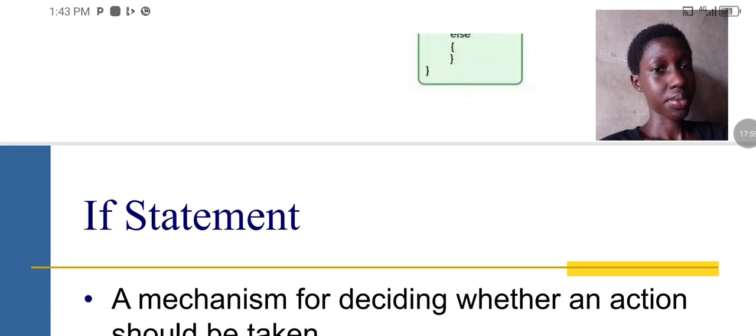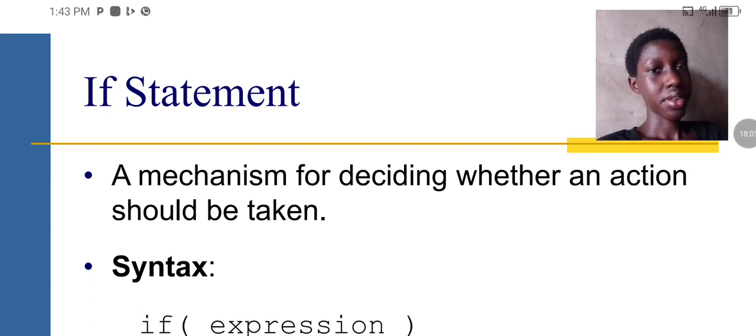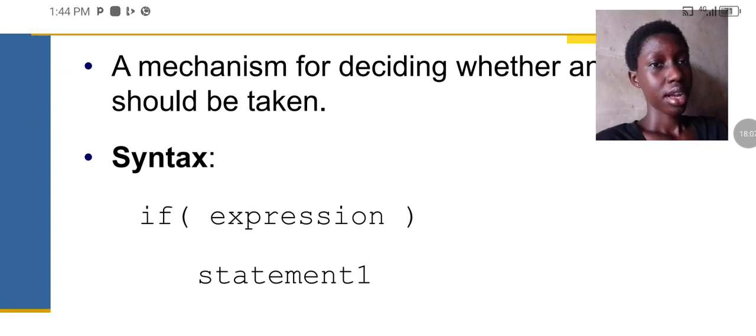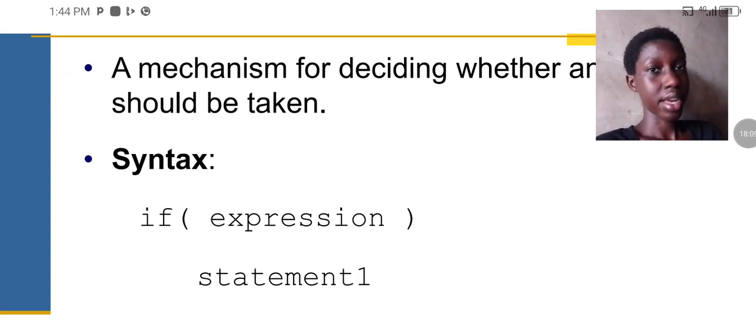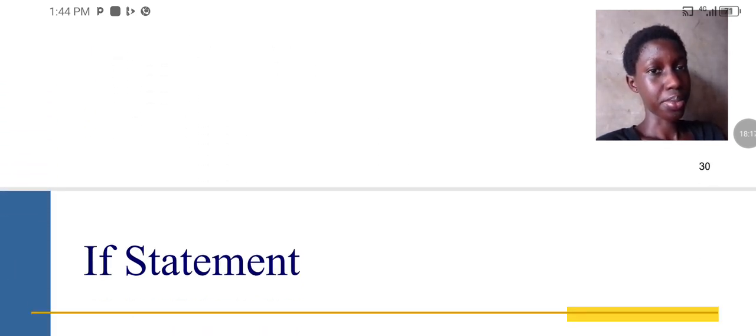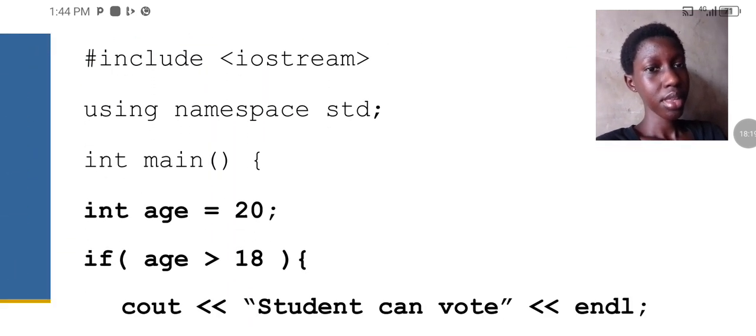For the if statement, it's a mechanism for deciding whether an action should be taken, right? So this is basically helping you to decide whether this action should be taken or that should be taken. So the if, then the expression, then your statement. This is also a C++ program.